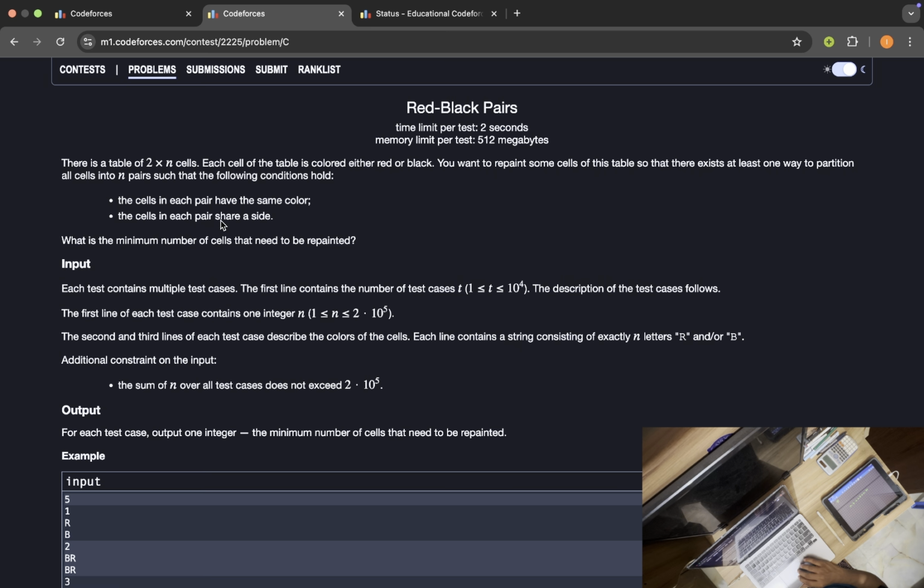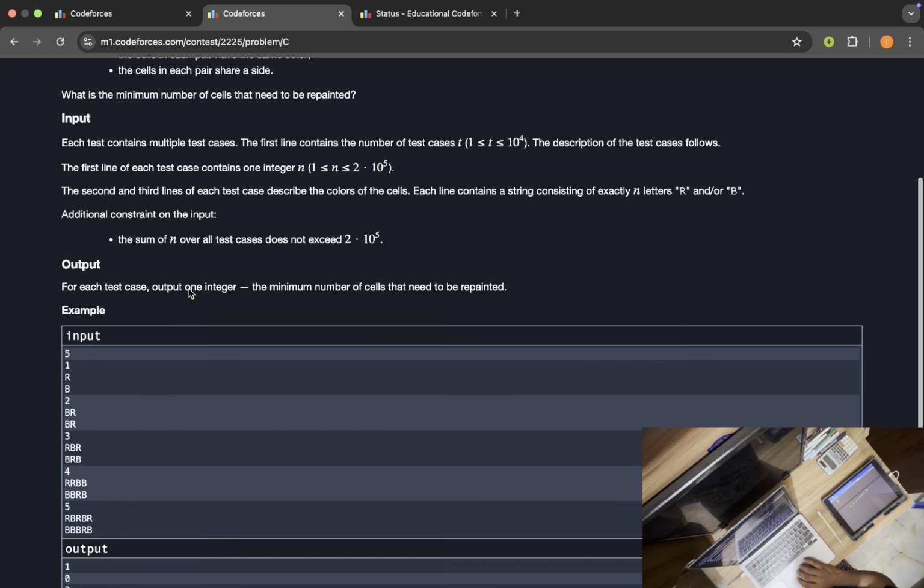The cells in each pair share a side. What is the minimum number of cells that need to be repainted? Okay, got the point. Yeah.